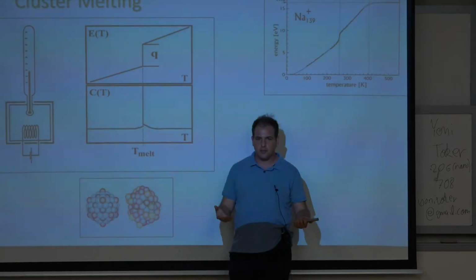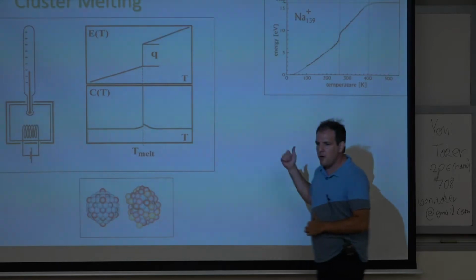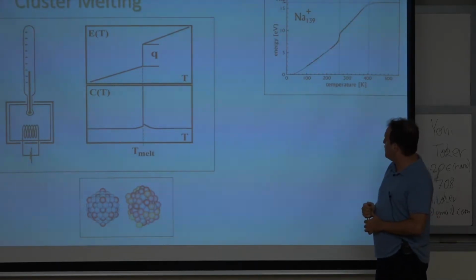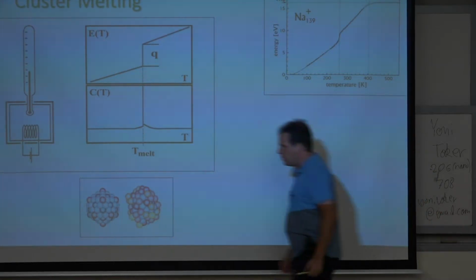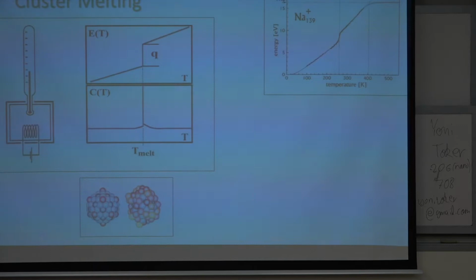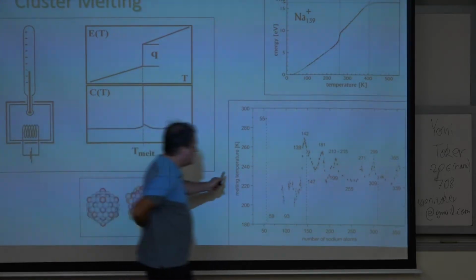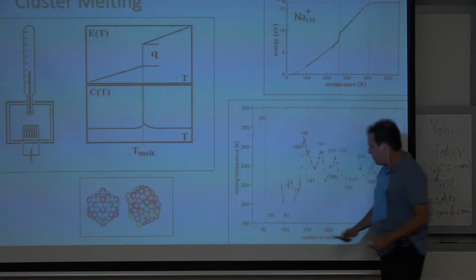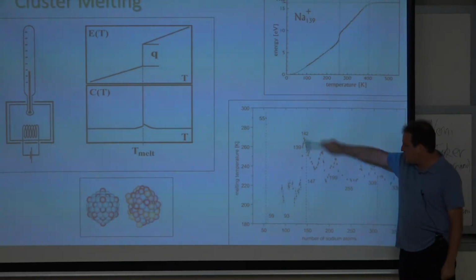So the cluster melts. This is a very hard experiment to do, but you can do it, and you can see melting of even these small clusters. And the big surprise is that if you study the melting temperature as a function of the number of atoms in the cluster, then it jumps like crazy.